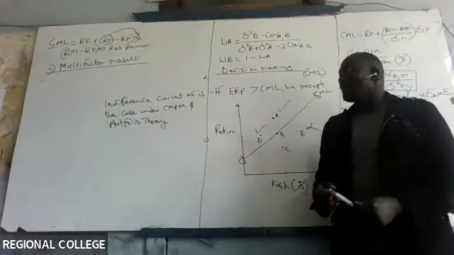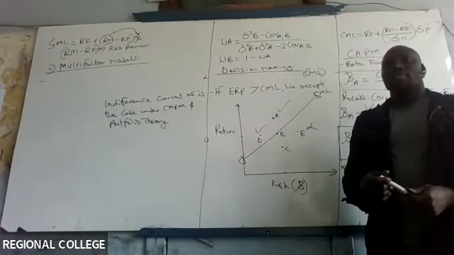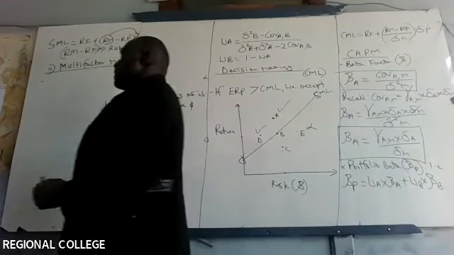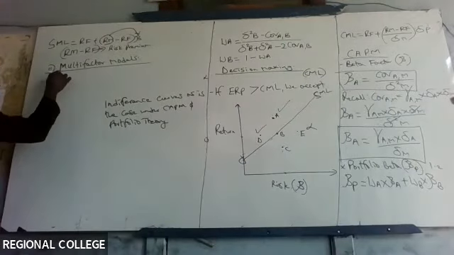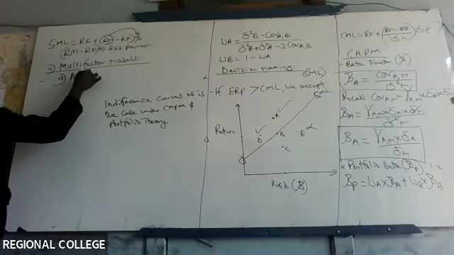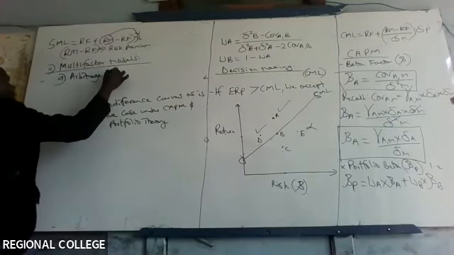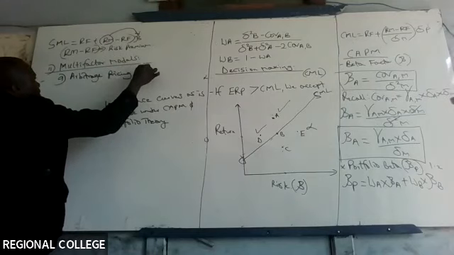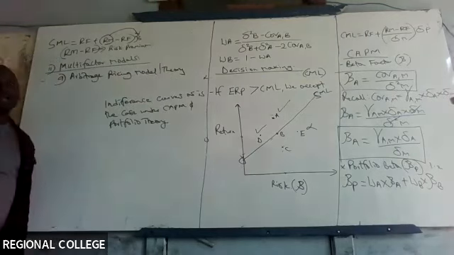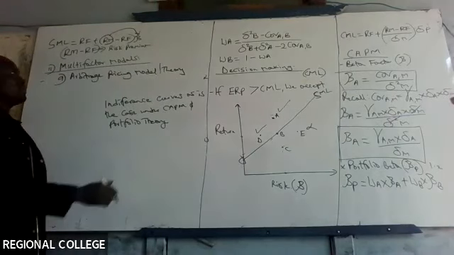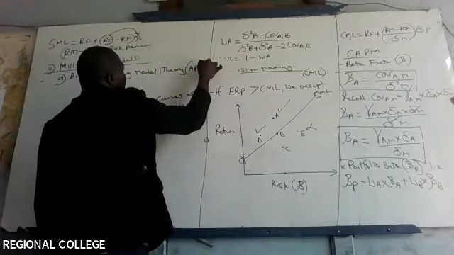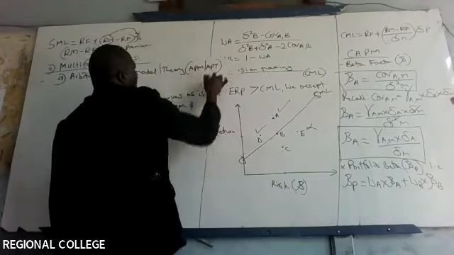Then you say they are of three types. Number A, the arbitrage pricing model, or arbitrage pricing theory. So this is the CAPM, arbitrage pricing model, and arbitrage pricing theory.